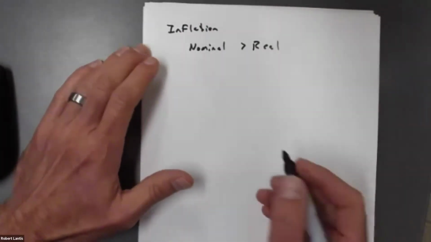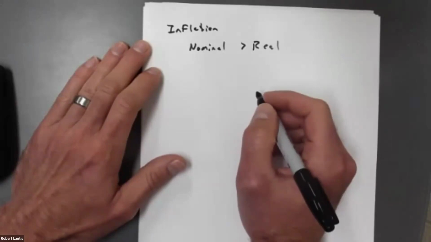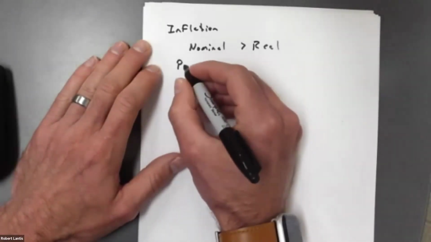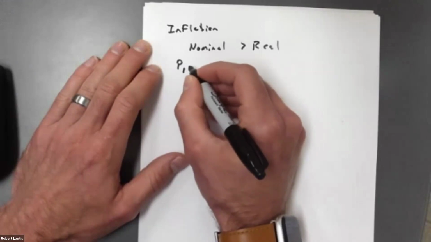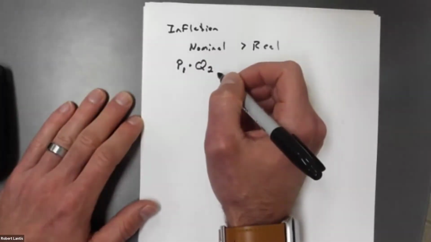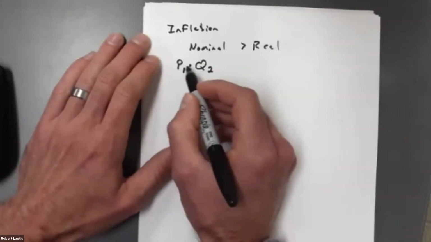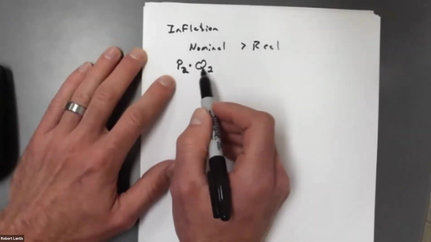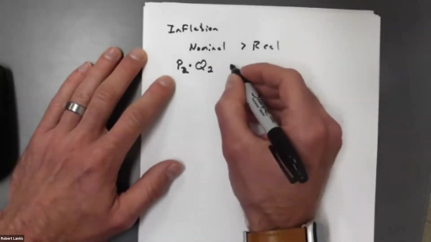If my nominal GDP is greater than my real GDP, well, what is nominal GDP? Nominal GDP is the current prices times the current quantity.